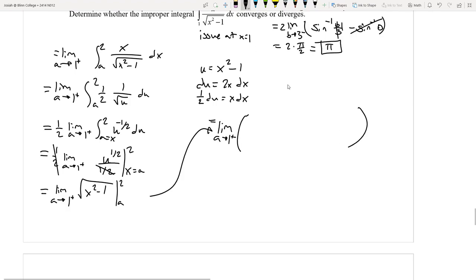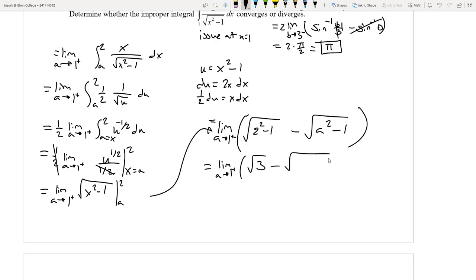Upper one goes first. So root 2 squared minus 1 minus root a squared minus 1. There we go. So we're looking at the limit as a tends to 1 from the right of root 3 minus root a squared minus 1. Plug in 1. Subtract 1, we get 0. And so our answer would just be root 3. So this guy converges as well.